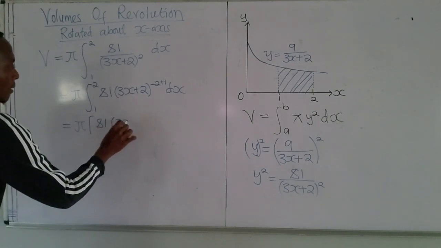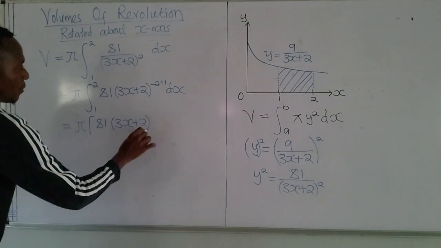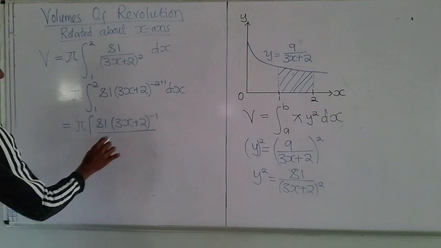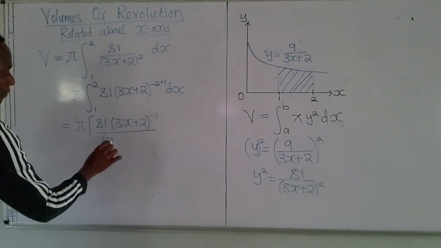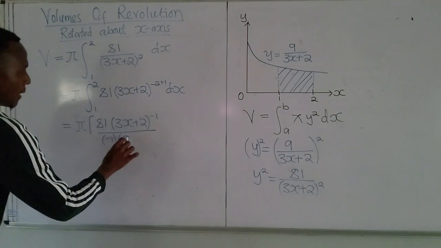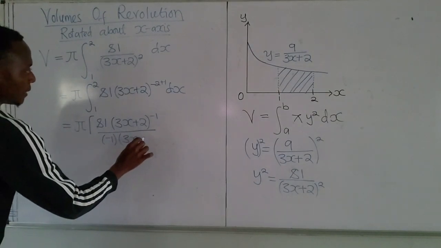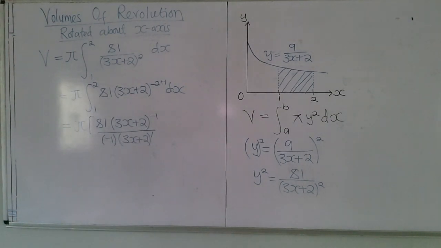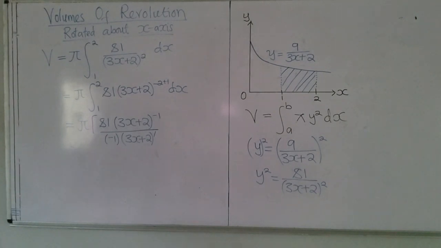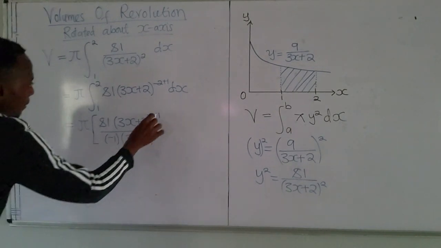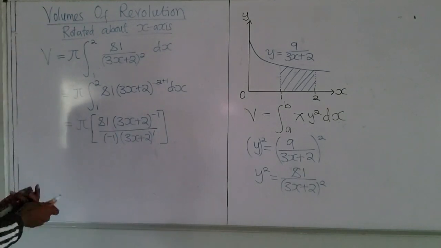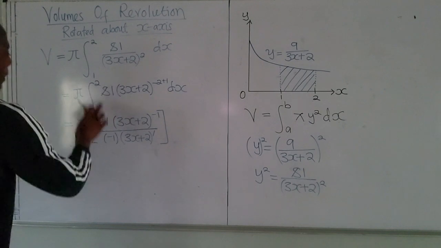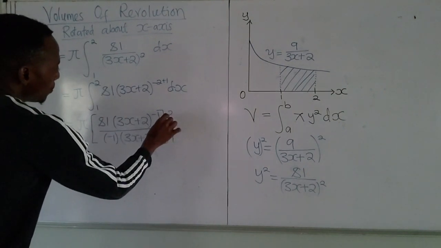We are going to have (3x plus 2) to the power negative 1 divided by negative 1 multiplied by the derivative of 3x plus 2. Since we are almost done with the integration, the limits, 1 comes here and 2 comes here.